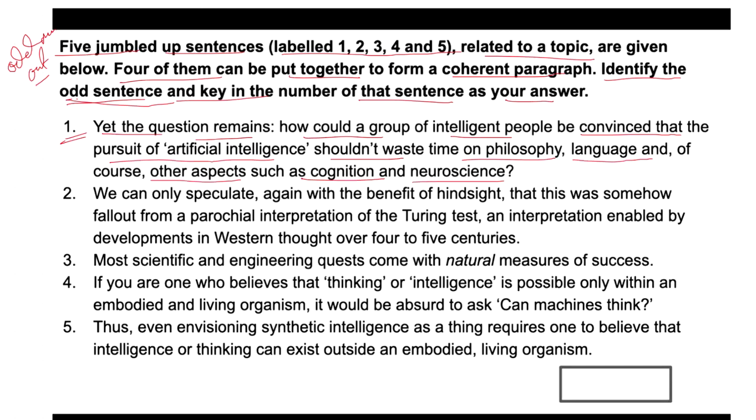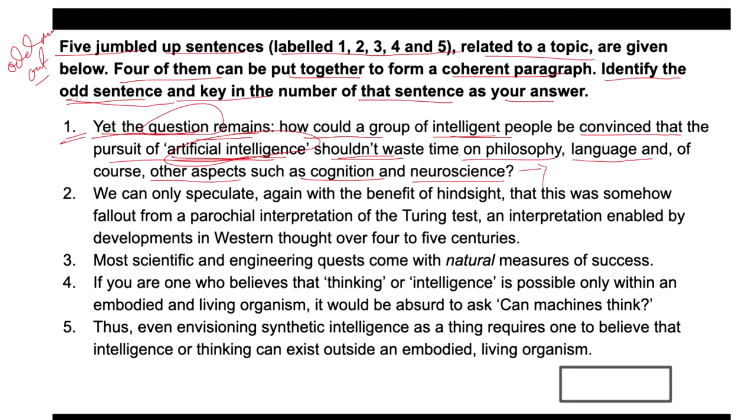Or you can say the scope of AI research and its neglect of certain areas, isn't it? But what does it say? But or yet the question remains. So which question? How could a group of intelligent people be convinced that the pursuit or interest of artificial intelligence should not waste time on philosophy, language, and of course other aspects such as cognition and neuroscience? In that case, you can talk about the scope of AI research and its neglect of certain areas which have been pointed out, isn't it? So we can say it introduces that, right?